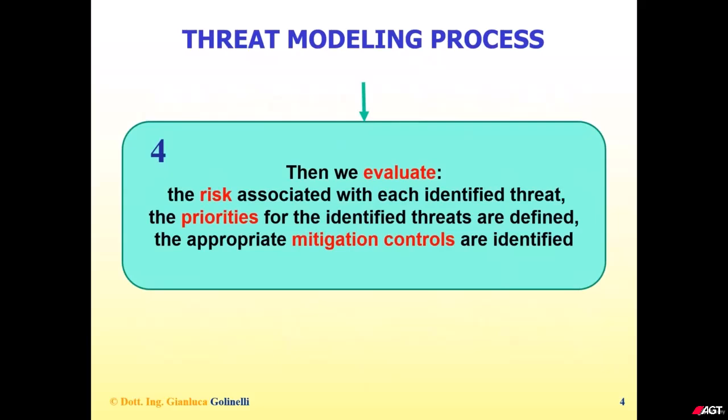In the fourth and final phase, a risk analysis is carried out for the various threats identified in order to give priority to mitigating them, choosing the most appropriate security controls to be applied.